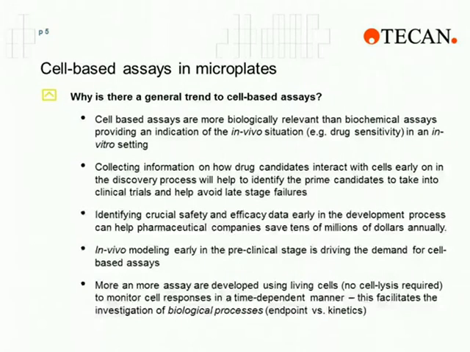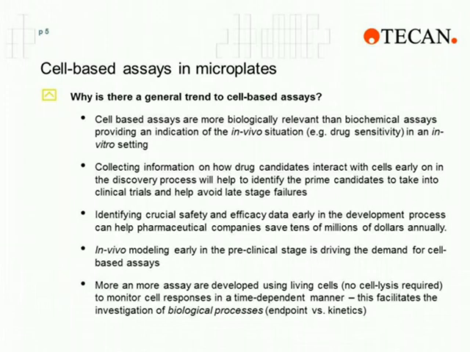They provide an indicator for the in vivo situation in an in vitro setting that allows you to collect information on how drug candidates really interact with cells early on in the discovery process, and it helps you clearly identify prime candidates to take into clinical trials and, of course, avoid the issue of late-stage failures in drug development.